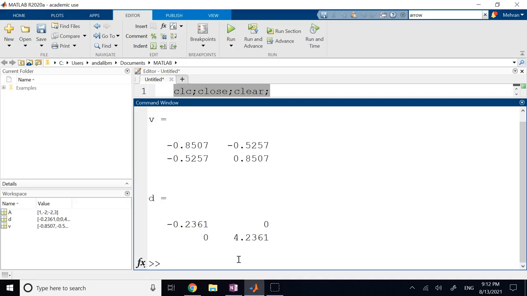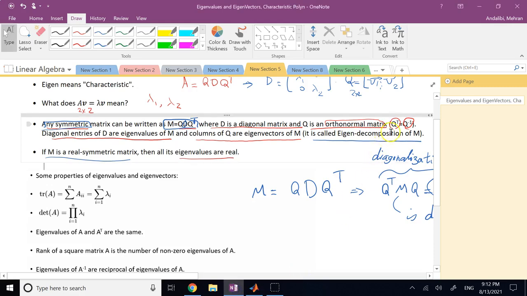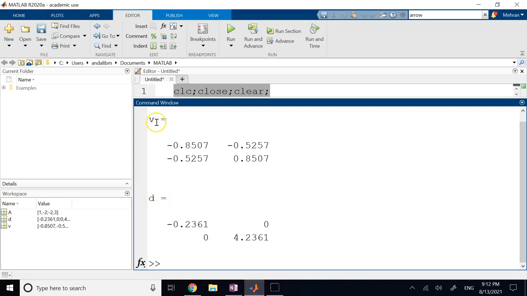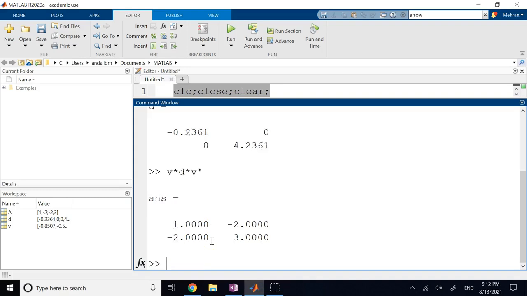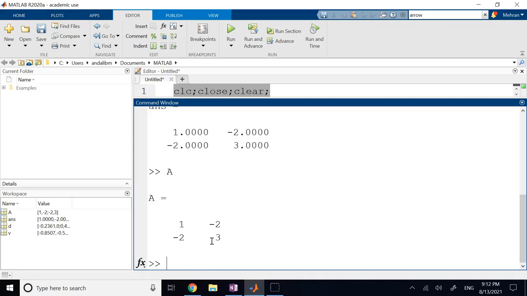So the question is this. Just like this decomposition QD Q transpose, in this case V D V transpose, so V times D times V transpose, what is that? Is that the same as A? And of course it is.